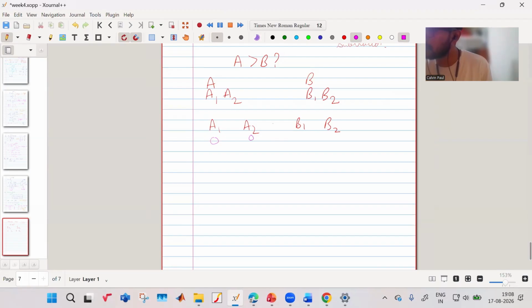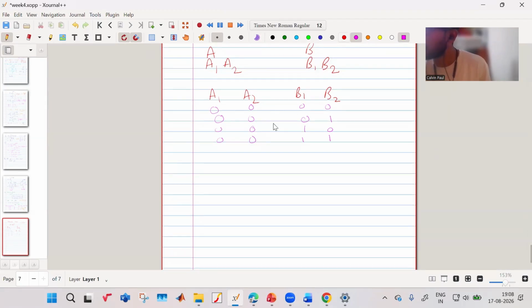That is 0, 0, 0, 0. This 0, 0 for A is here for 4 terms. And this is 0, 1, 1, 0, 1, 1. Then this becomes 0, 1, 0, 1, 0, 1, 0, 1. And this has the whole 0, 0, 0, 1, 1, 0, 1, 1.